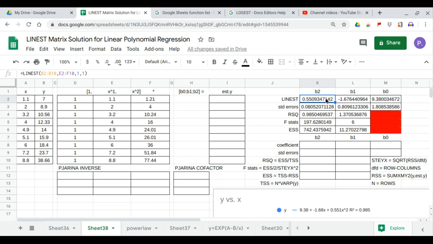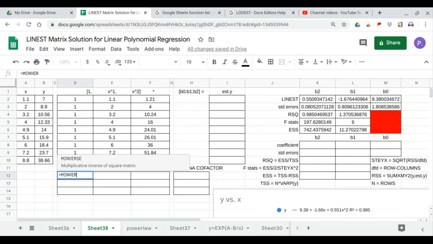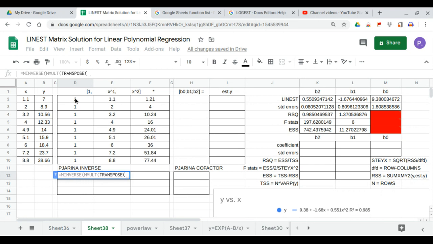We will calculate each value of each output of this LINEST using matrix solution. We begin with the pseudo inverse, which is MINVERSE of MMULT of the transpose of this matrix and itself.